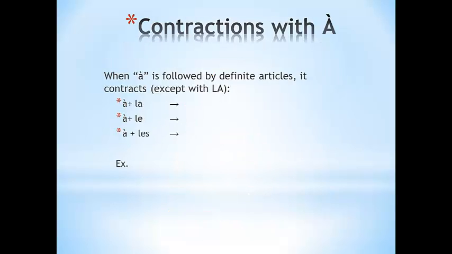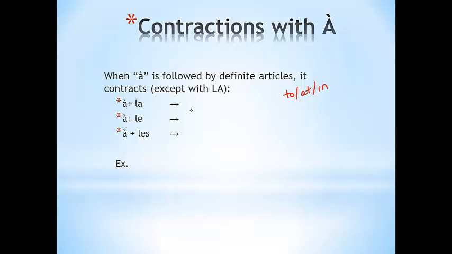So, when à is followed by a definite article, again, it contracts except with la. So if you want to say to, at, or in, you're going to be using the preposition à.